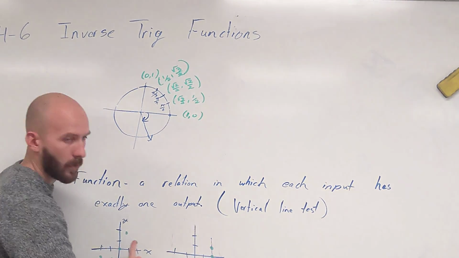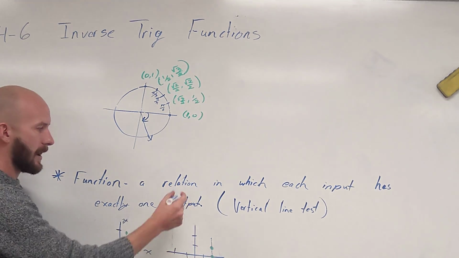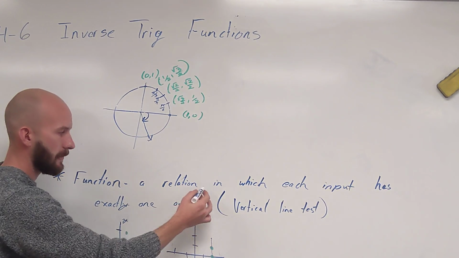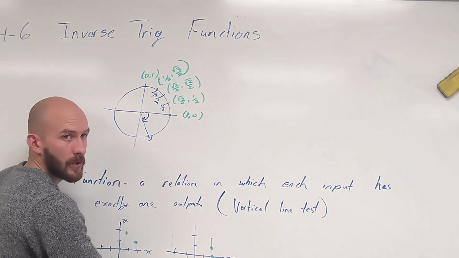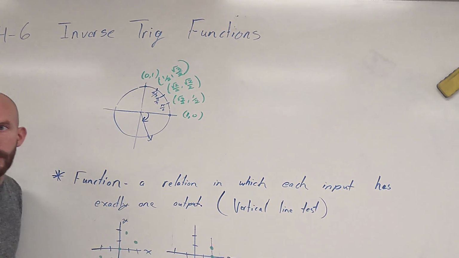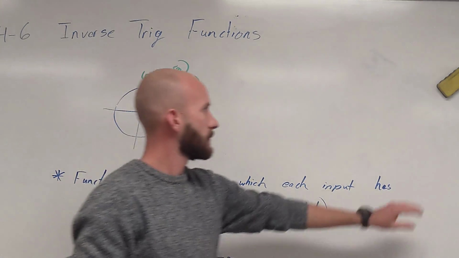Okay. The vertical line is going to hit 2 points at once there. Okay. Same kind of going back to the more written definition. This input, so my x value of 2 has 2 different outputs. Okay. And that's not good. Okay. So that's kind of part of our definition of a function.